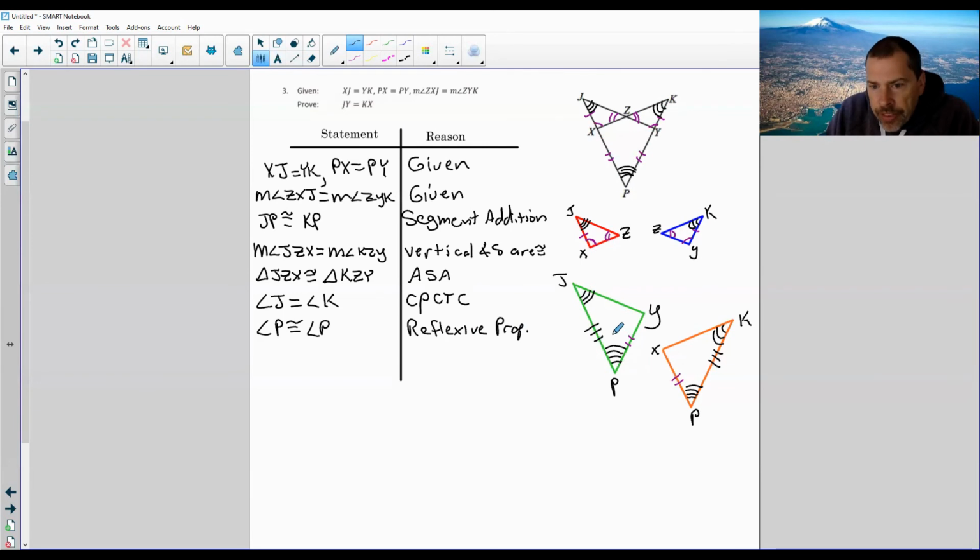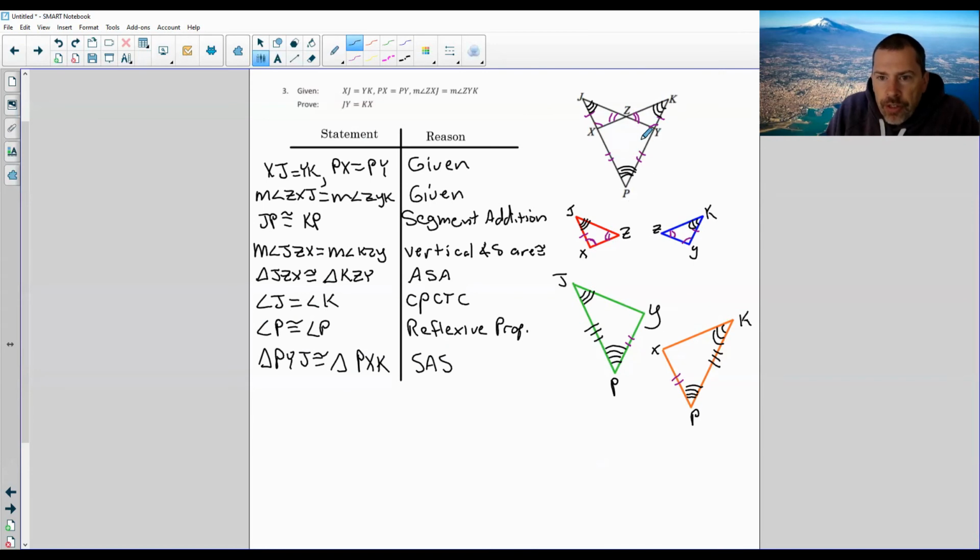Okay, and now looking at this diagram, I didn't need J equal to K. That didn't help, but now I have an included angle, side, angle, side. So now I can say triangle PYJ is congruent to triangle PXK. Reason, SAS.